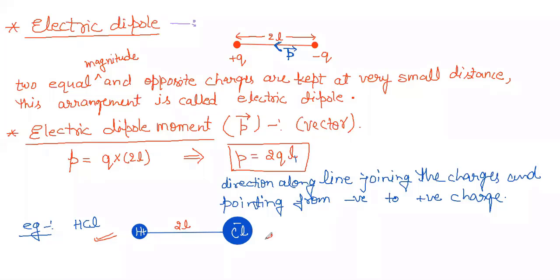In the same way, you can take the example of the H2O water molecule. In the water molecule, this is oxygen, hydrogen, hydrogen.